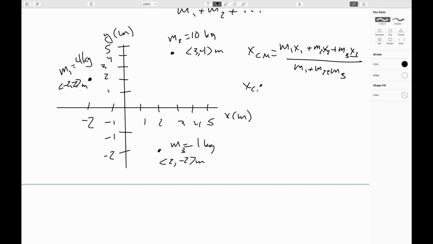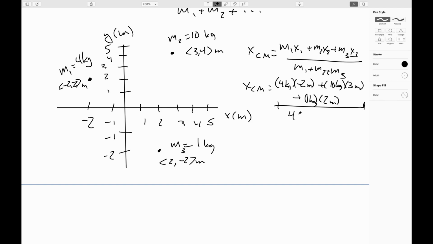So the x coordinate of the center of mass will be 4 kilograms times -2 meters, make sure to carry the minus sign, plus 10 kilograms times 3 meters, plus 1 kilogram times 2 meters.